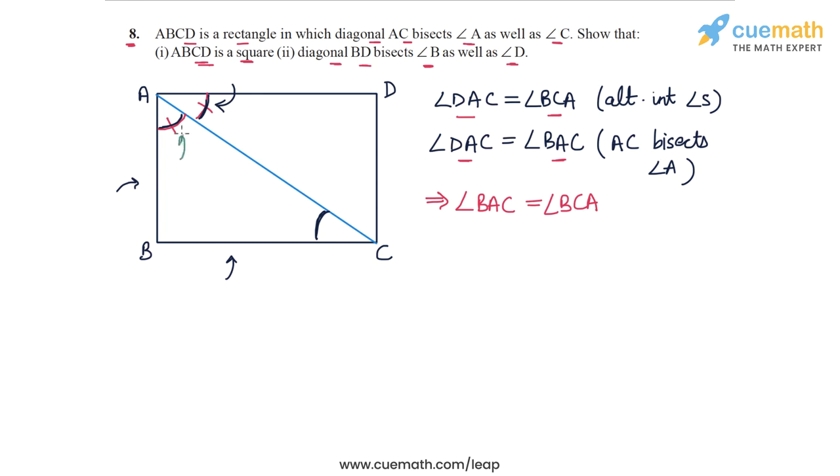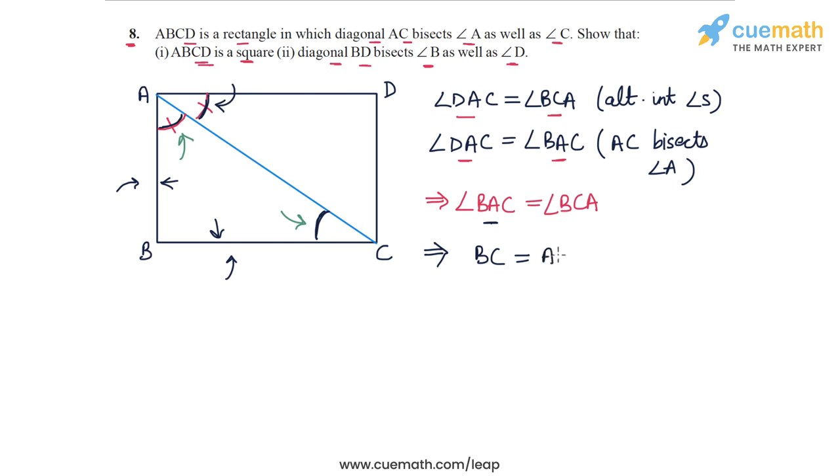which means that this angle BAC and this angle BCA are equal, and hence the sides opposite these angles in triangle ABC should also be equal. So we can say that the side opposite angle BAC is this side BC, and the side opposite angle BCA is this side AB.